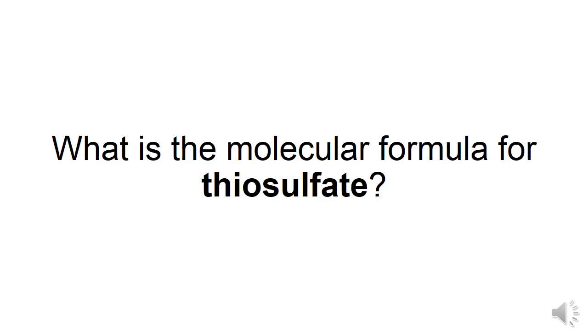What is the molecular formula for thiosulfate? Okay, thiosulfate. And remember the prefix thio. I'm not sure how it's really pronounced, but you see how it's written. It's prefix first sulfur. So here you have double sulfur, thio and sulfate. We know that's like SO something. So what's the molecular formula?